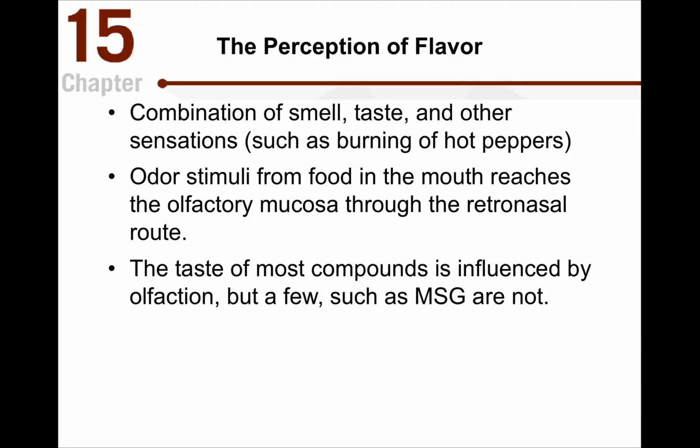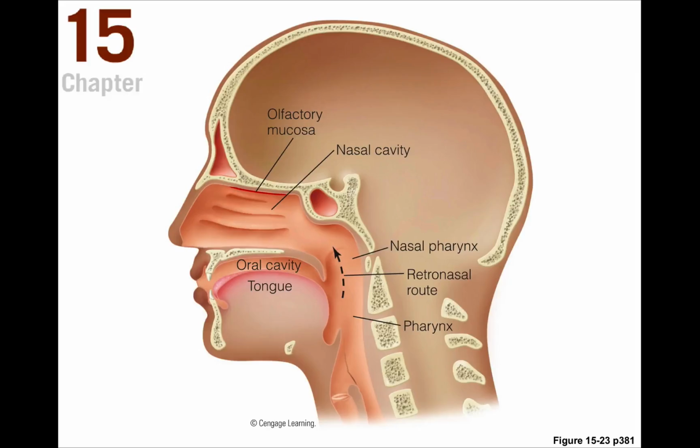The taste of most things that you eat is influenced by olfaction, but a few aren't. For example, the chemical MSG, monosodium glutamate, which is added to a lot of foods as a flavor enhancer, doesn't depend on smell. It's entirely based on the activation of molecules on your tongue.